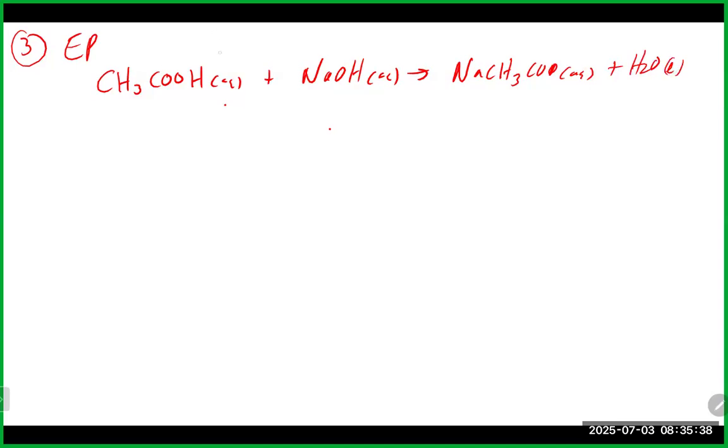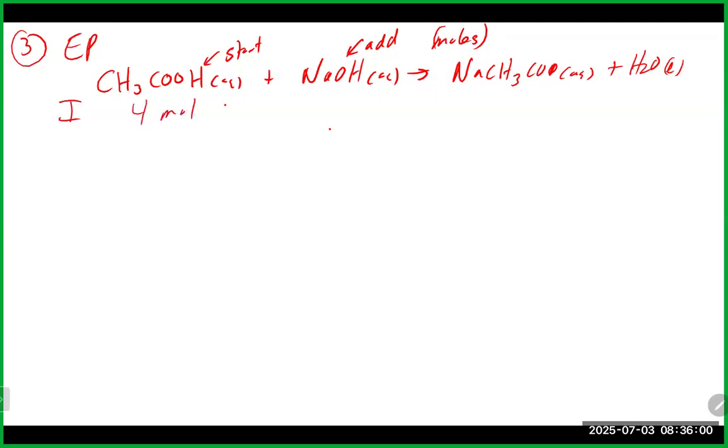And again, we are starting with this one and we are adding this one. And again, we're going to do this in moles because clearly we are titrating at this point. So once again, just making up numbers for our example, I'm going to assume that I am at 4 moles of my acetic acid.